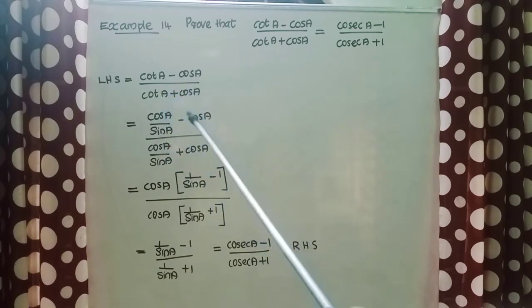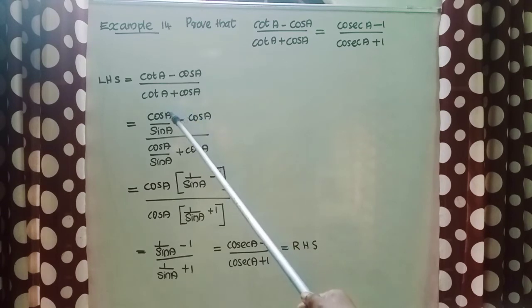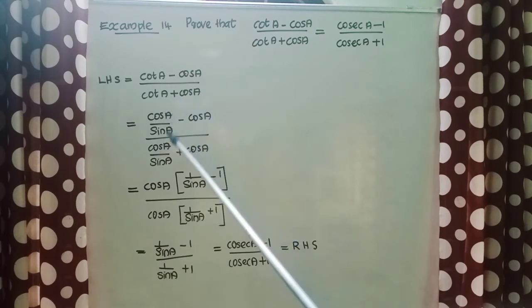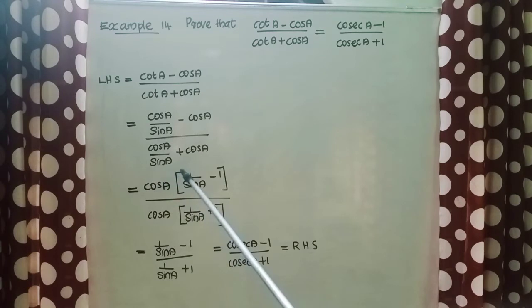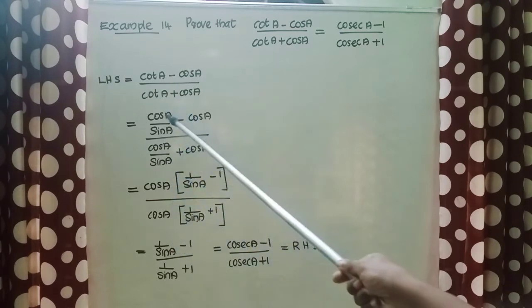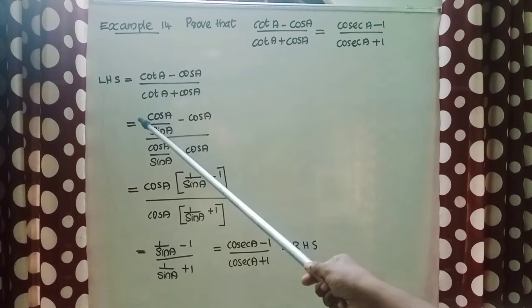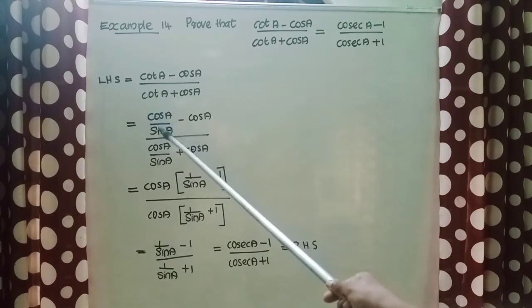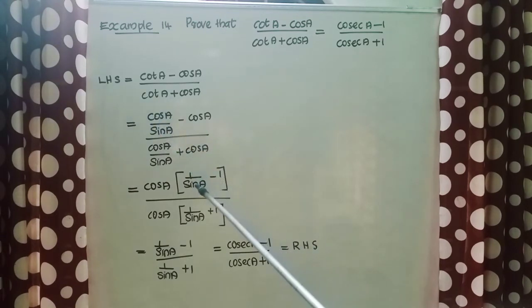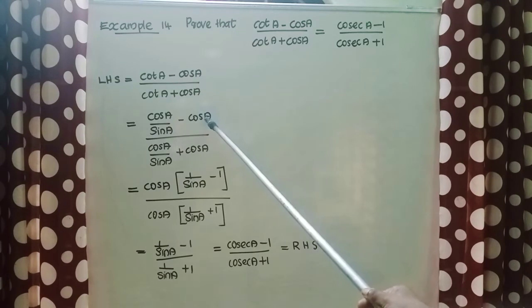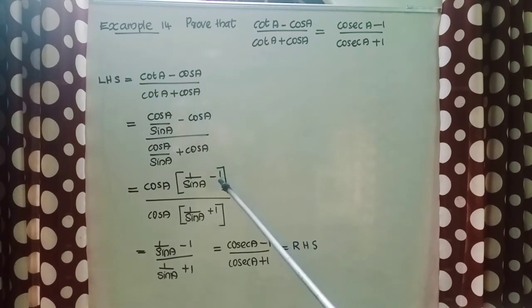Now you see the numerator, there you can see cos A is common, let us take outside. Similarly, in the denominator also, cos A is common, we can take it outside. If we are taking cos A outside from this term, there is remaining 1 by sin A. If we are taking cos A from here, there is remaining 1.